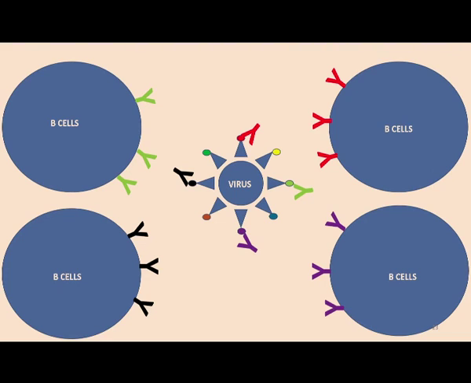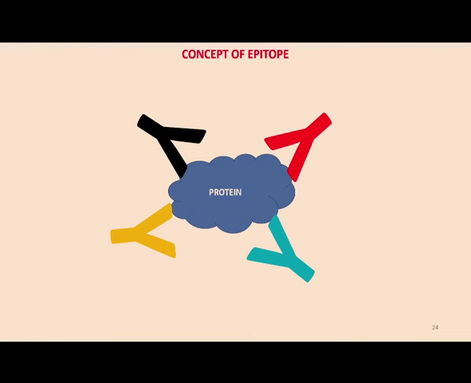As I explained to you, this virus will have multiple proteins on the surface, and each of these proteins can be recognized by a different antibody, and each of these antibodies are actually produced by different B cells. Again, even on a single protein, you can have different parts of the protein recognized by different antibodies.